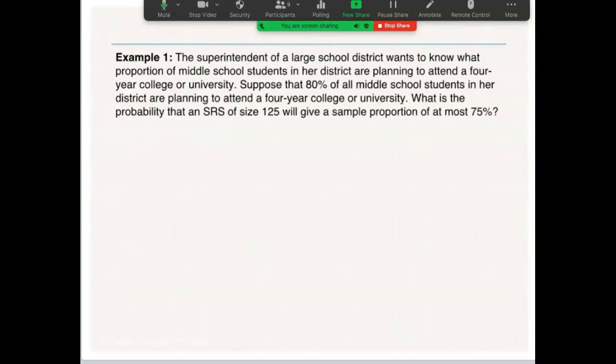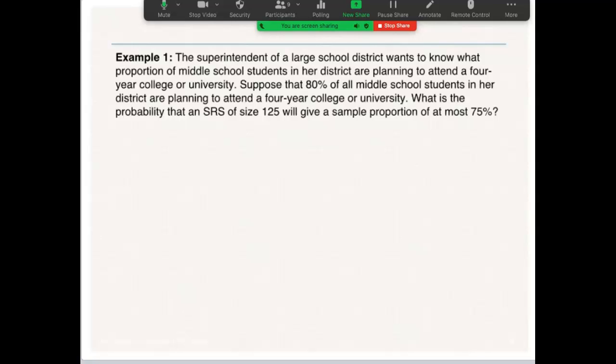Let's do an example where we can actually use this information. The superintendent of a large school district wants to know what proportion of middle school students in her district are planning to attend a 4-year college or university. Suppose that 80% of all middle school students in her district are planning to attend a 4-year college or university.